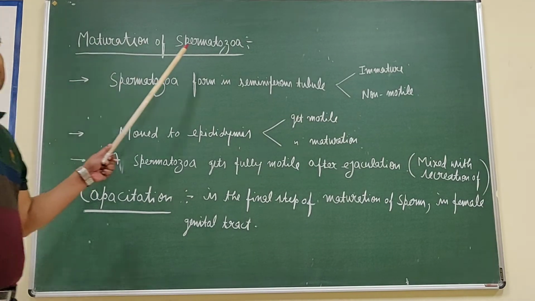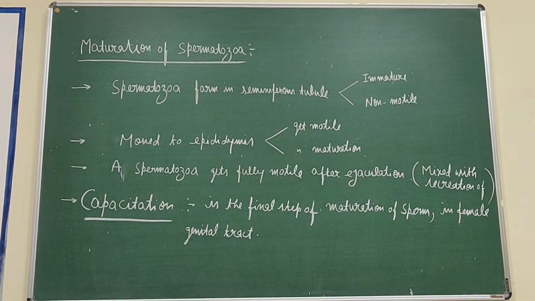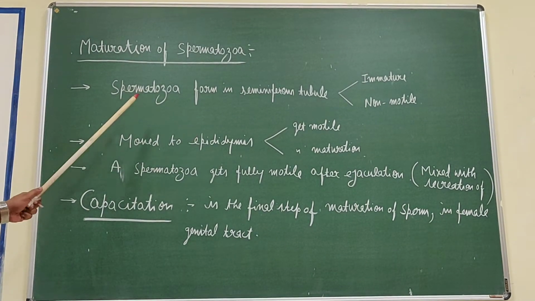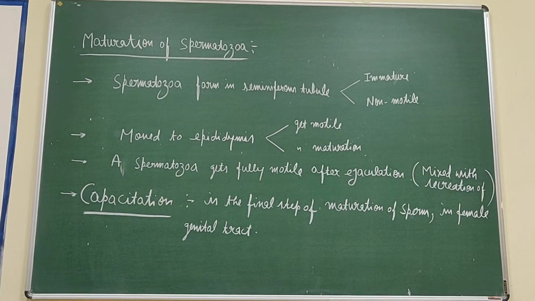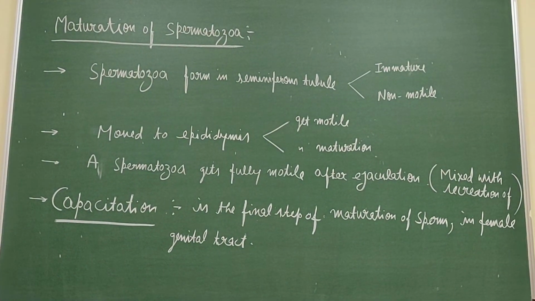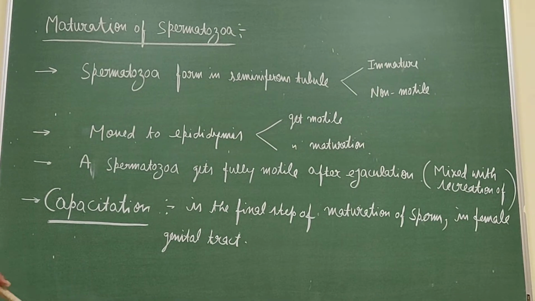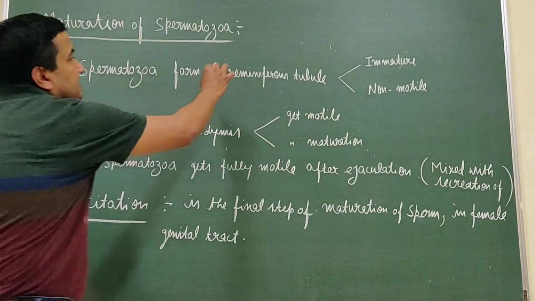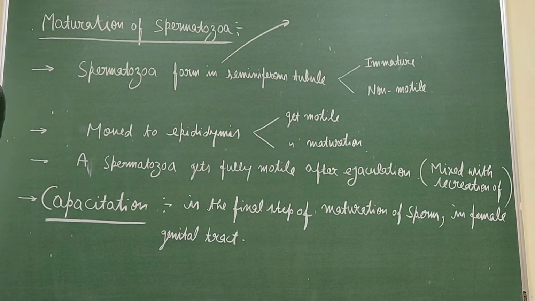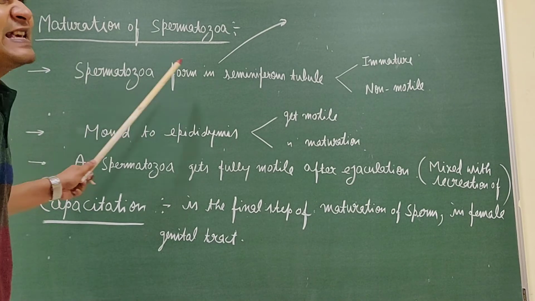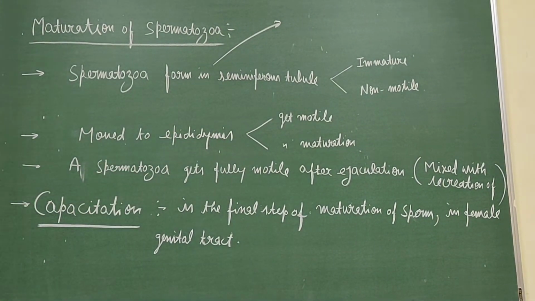Now the maturation of the spermatozoa. When this spermatozoa is formed in the seminiferous tubules, then it is released from the adhesion of the Sertoli cells into the lumen of the seminiferous tubules. The seminiferous tubule is a tubular structure.